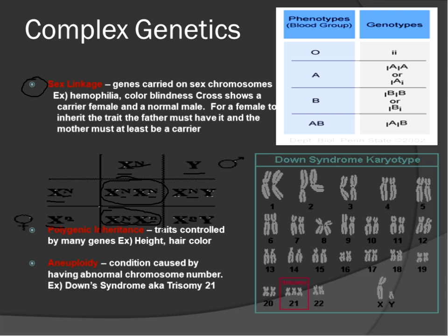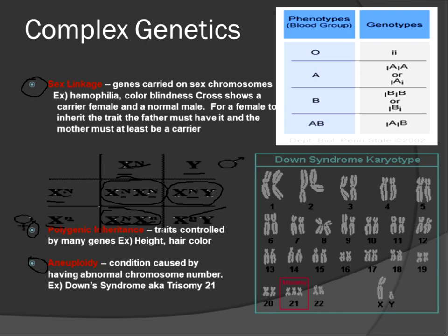For the male, they only have one allele, so they will have either the capital or the recessive allele. Then you just cross them up. This person will have the trait. This person's heterozygous, so they'll probably have the trait. This person only has the trait because they have one letter only. This person does not have the trait. So that's how you do sex-linked traits.